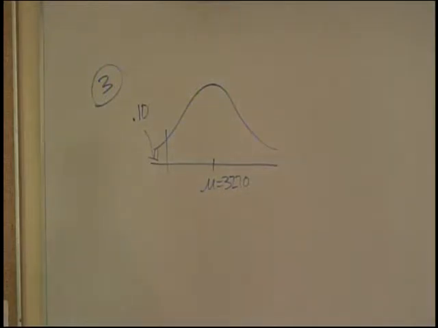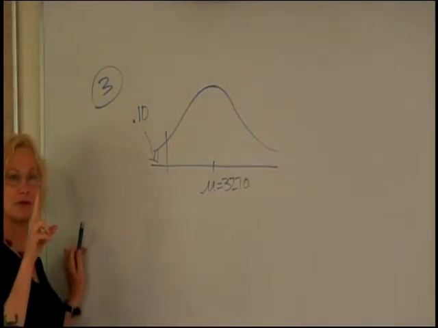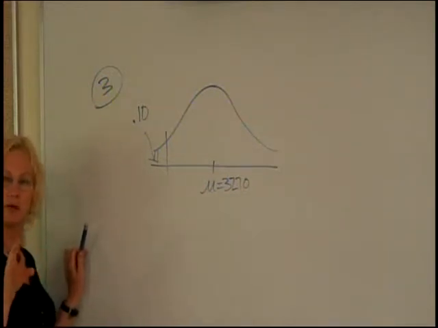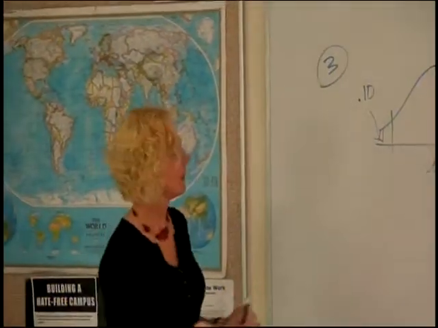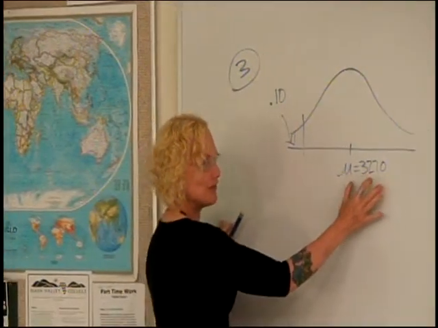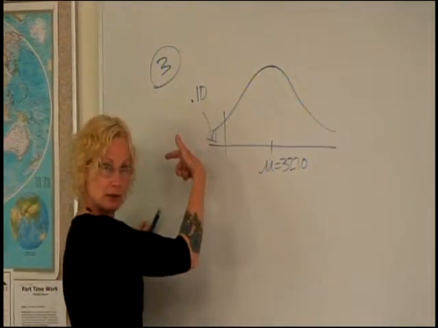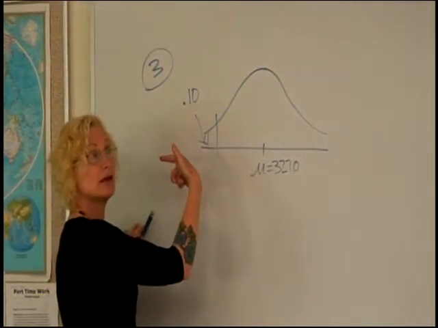So what we're saying with this level of significance is, we're willing to have a 10% chance that this is the true mean, but we reject it anyway. It's a type 1 error.